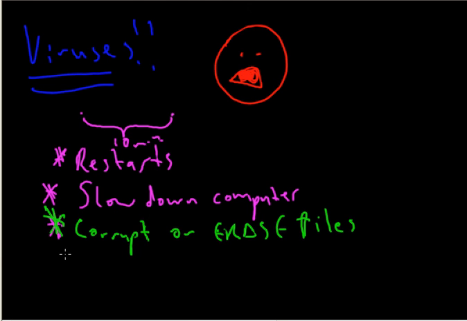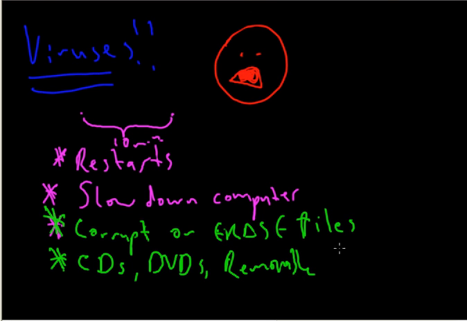And sometimes they get access onto like CDs, which I'll talk about maybe in the next video, and DVDs, and also removable file storage, which all that is file storage.